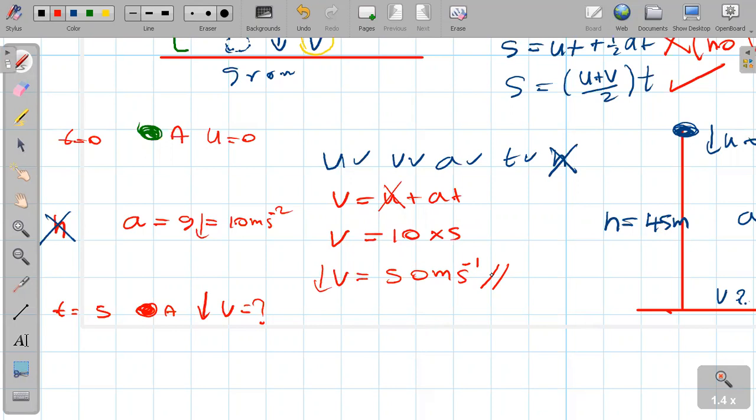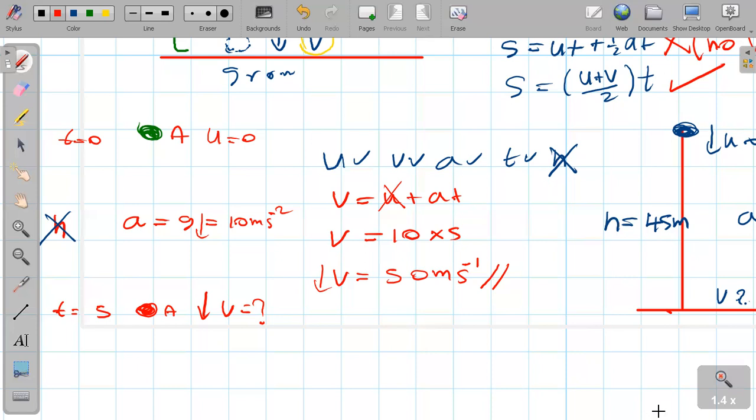But Sahas, the thing is, consider to be negative. I didn't even mention that. Yes, it's always negative. But here it's positive. I will tell you why. This is always positive.